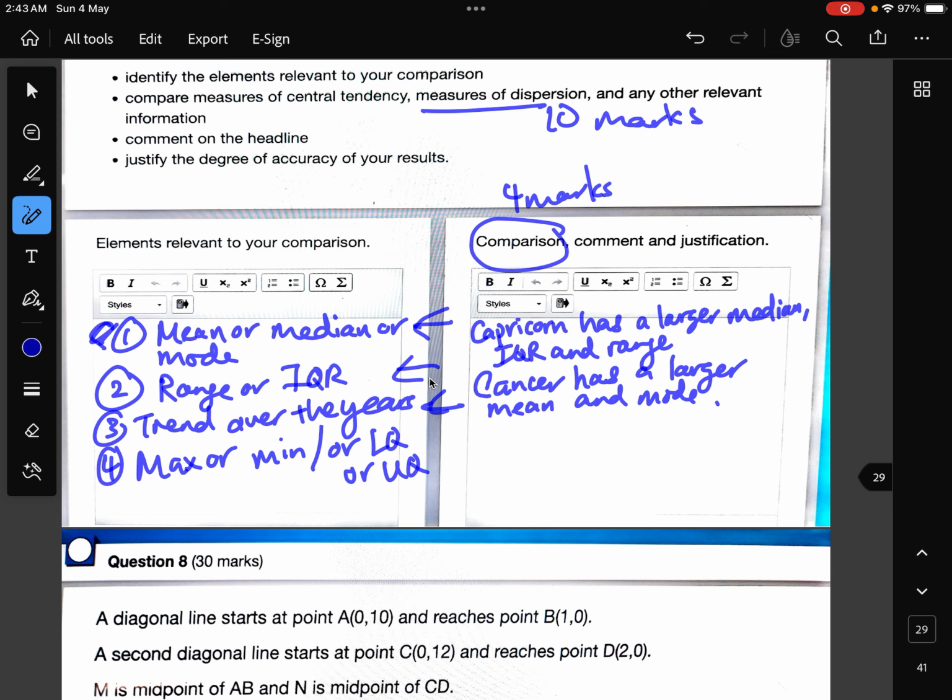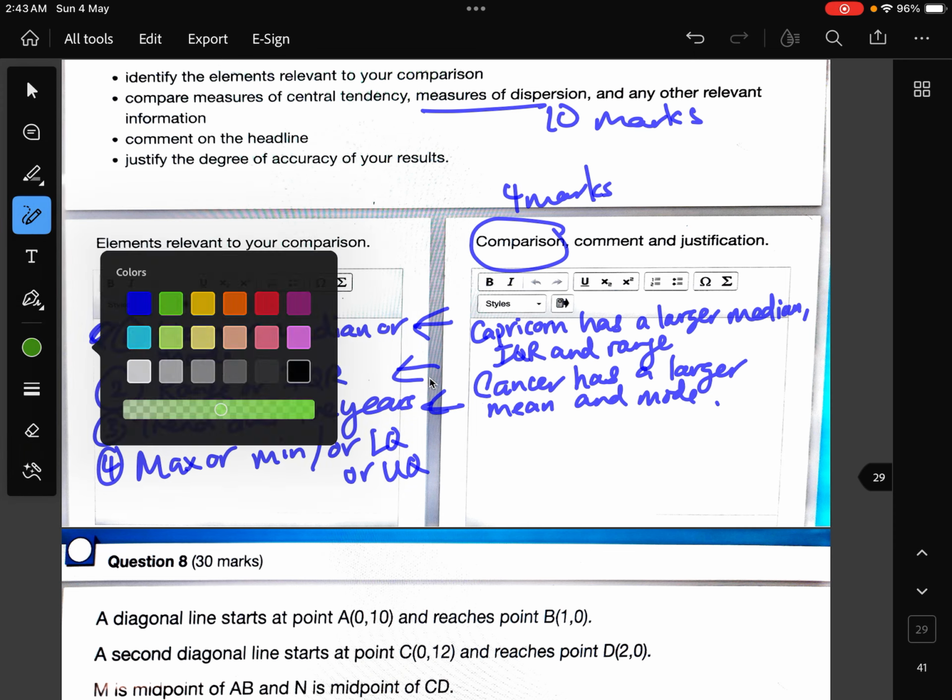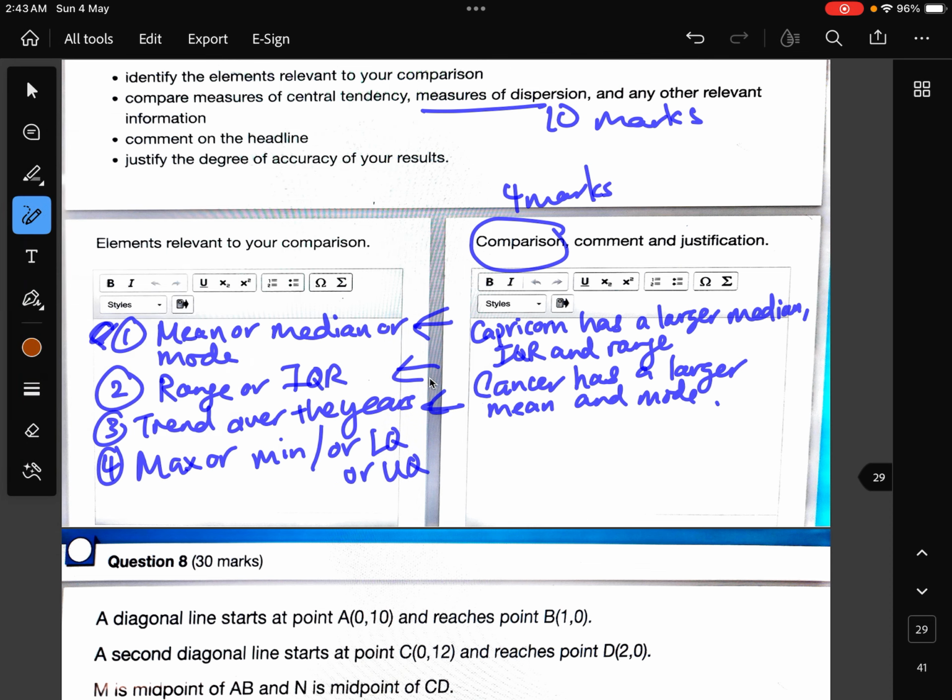Now, in terms of making any comments on this, there are obviously many possible ways to write. I'm just going to use a different color for this as well. So we could make a few comments here by looking at the trend over the years.